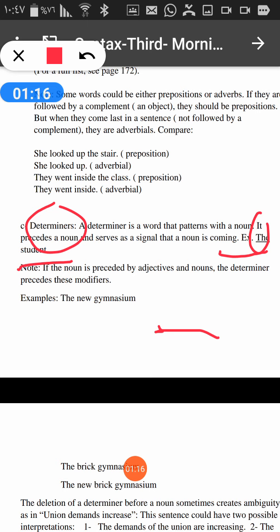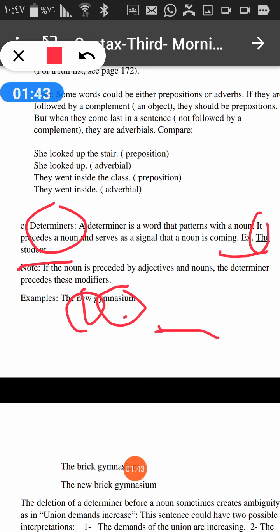Note, if the noun is preceded by adjectives and nouns, the determiner precedes these modifiers. Sometimes, بعض الأحيان, الاسم مسبوق بصفات. For example here, the new gymnasium. So gymnasium is a noun and new is an adjective.